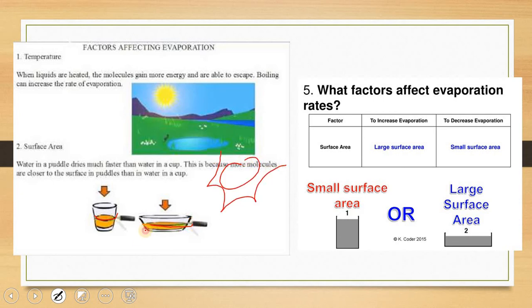So the liquid inside this bowl will evaporate faster compared to the one in this glass or this cup.